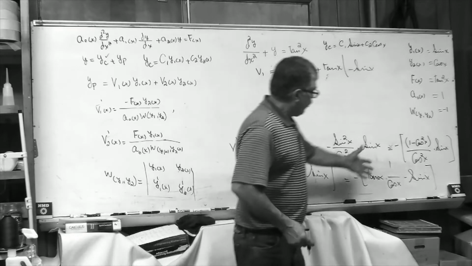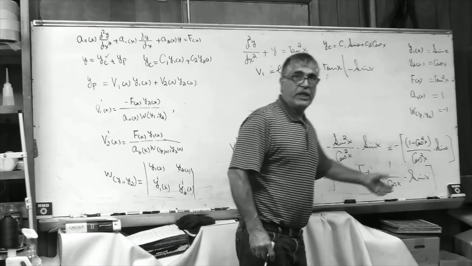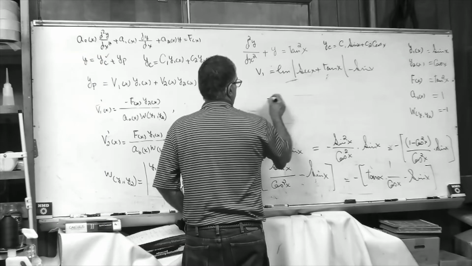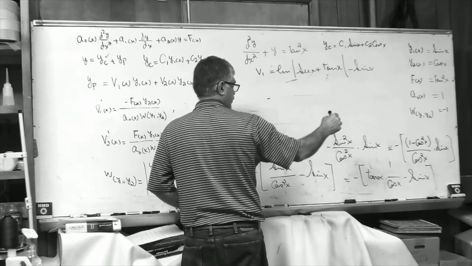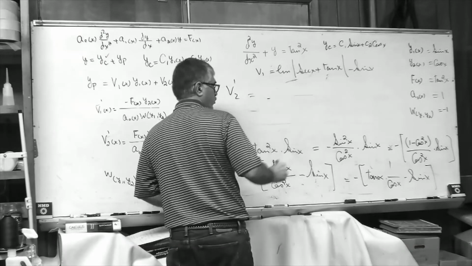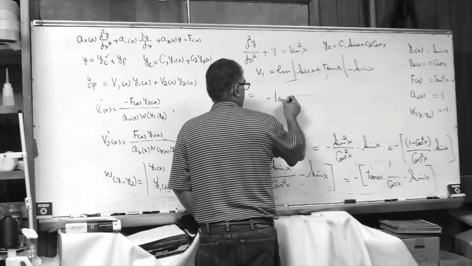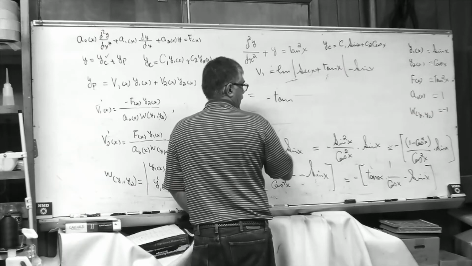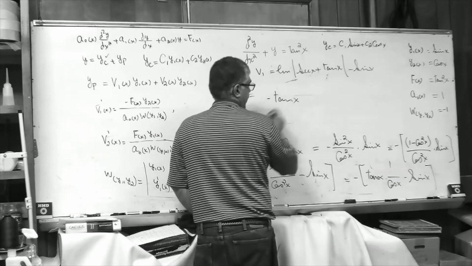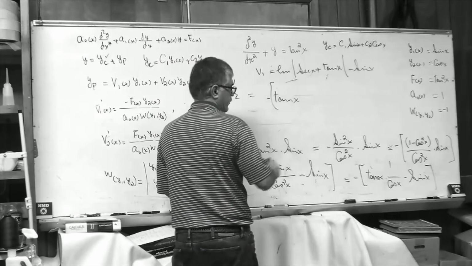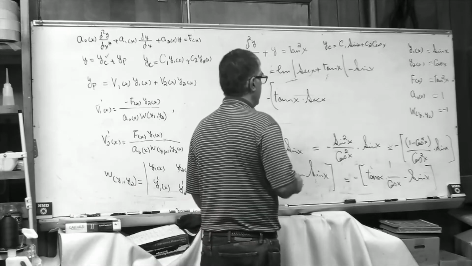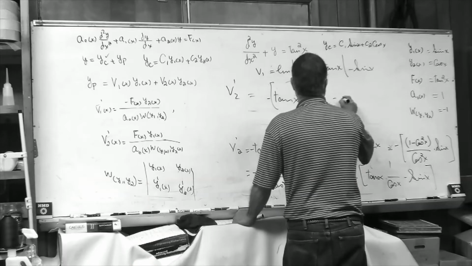So again, 1 over cosine of x by definition is secant of x. So V prime 2 is equal to minus tan x multiplied by secant of x minus sine x.